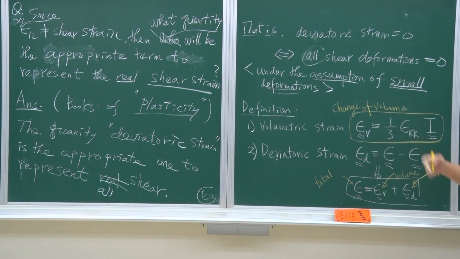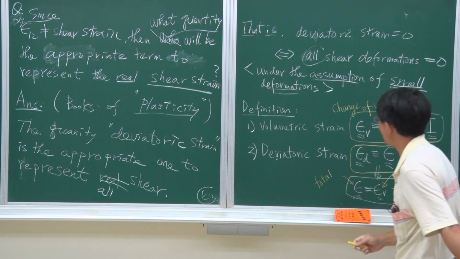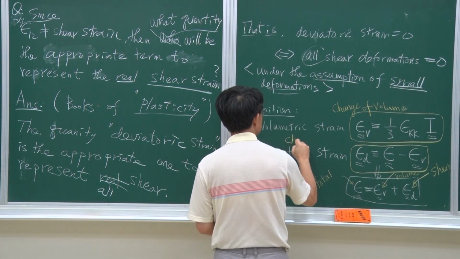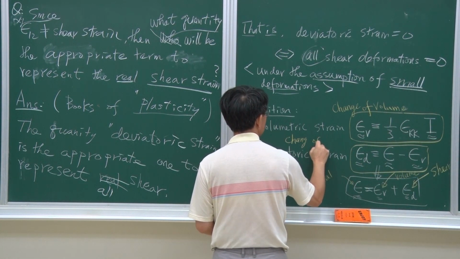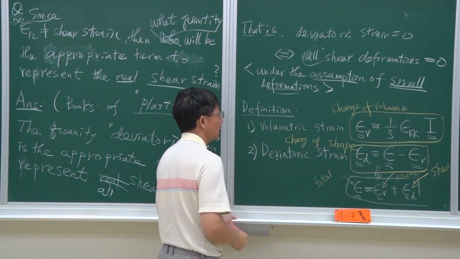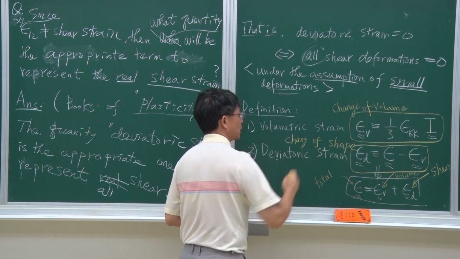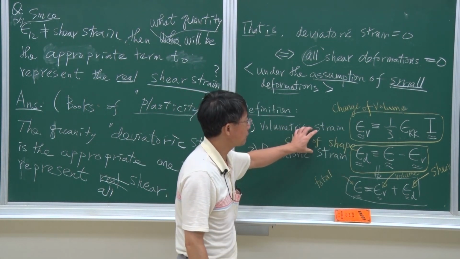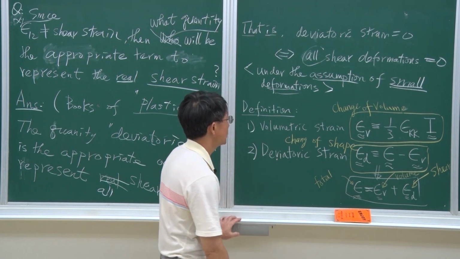If there's no volume change, it is equal to 0. The deviatoric strain represents the change of shape. When the shape changes, we have shear deformation.